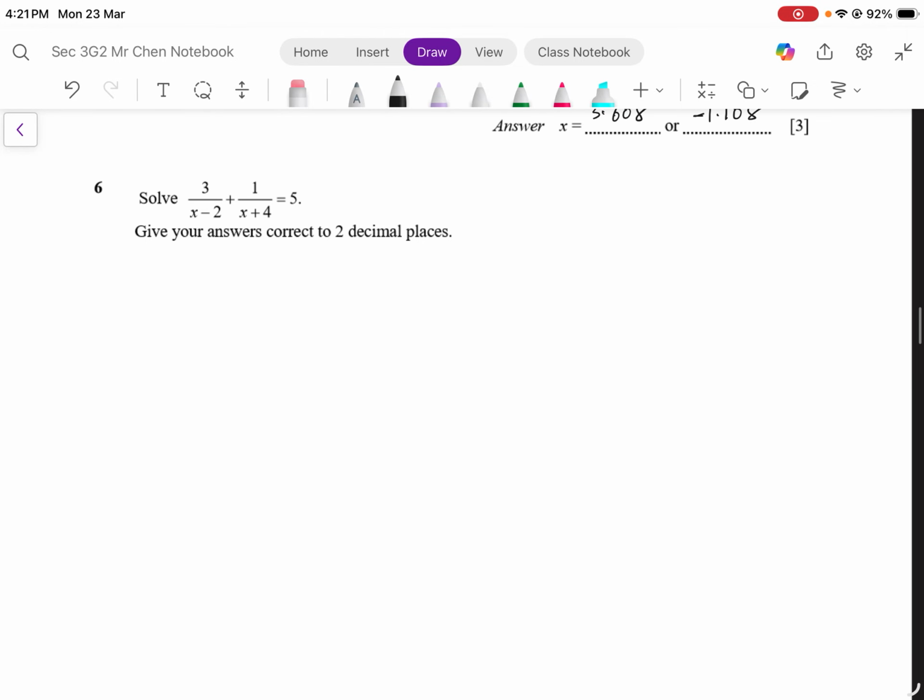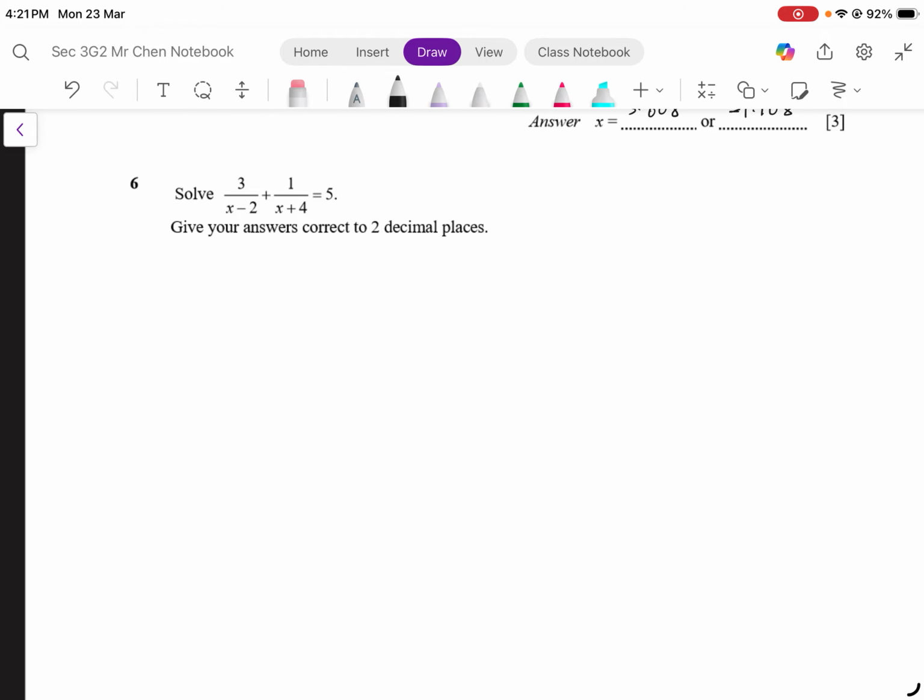Okay, solve this to 2 decimal places. So this is your quadratic formula. Okay, so we have 3/(x minus 2) plus 1/(x plus 4) equals 5. From here we know that we have to combine into a single fraction first.